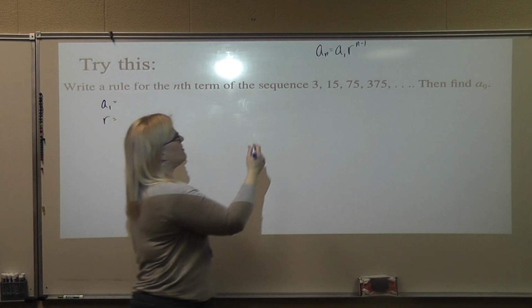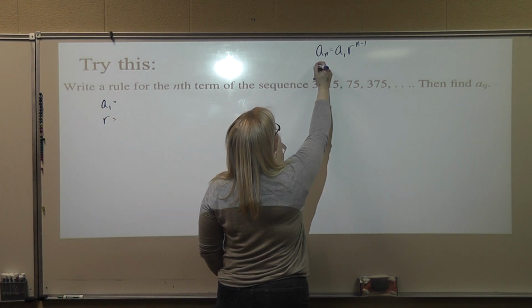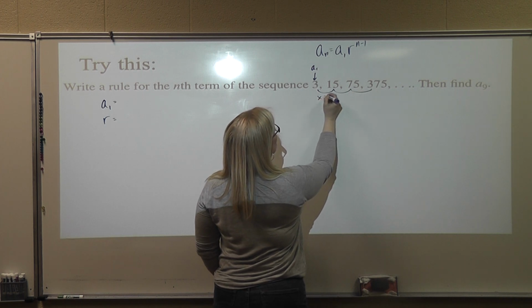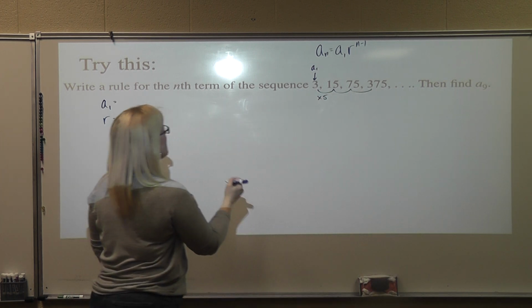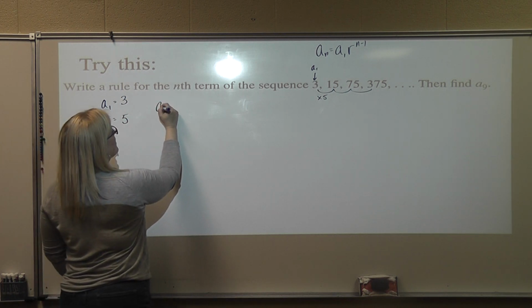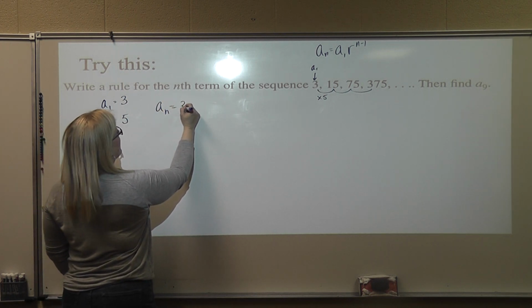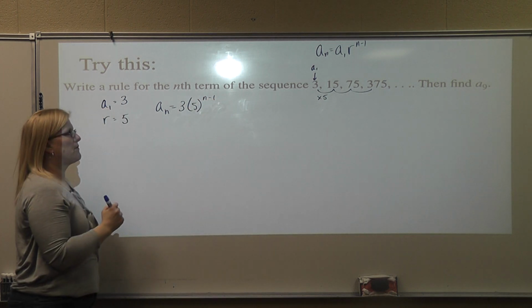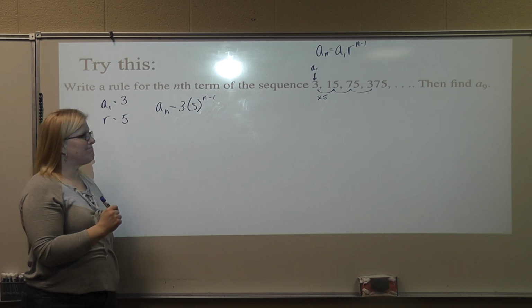Well, a sub 1, this is a sub 1, that's my first one, and all of these are being multiplied by 5. So a sub 1 is 3, my ratio is 5. So a sub n is 3 times 5 to the n minus 1 power. Okay, just plug it in.